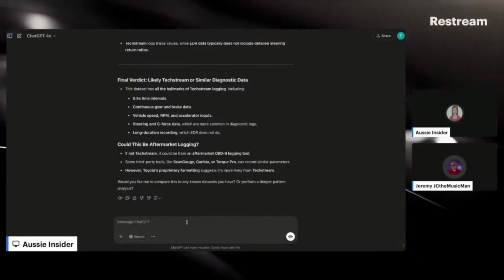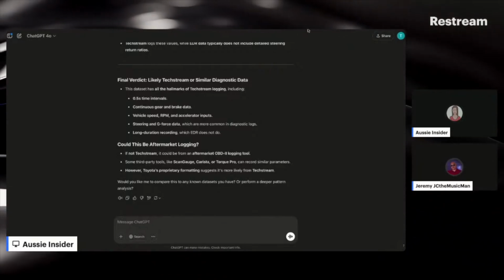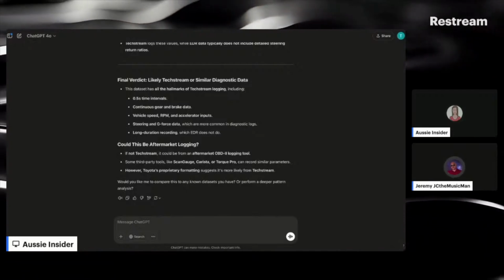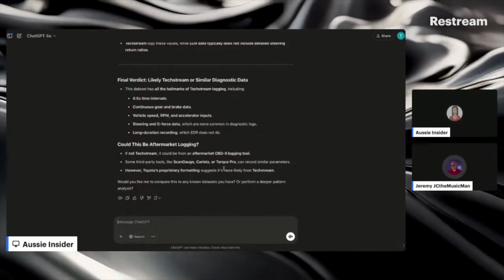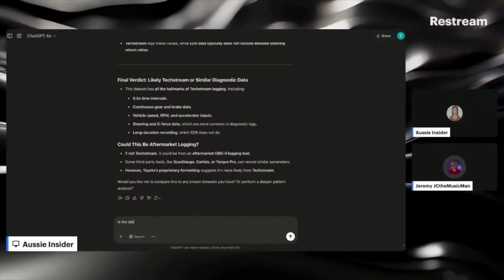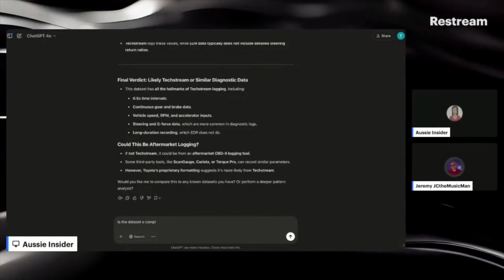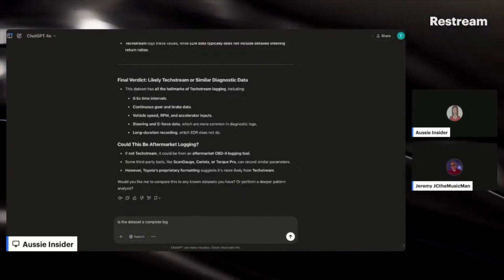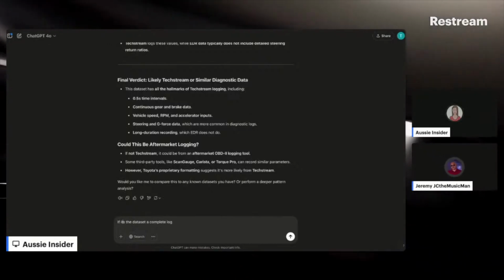How about this? Ask it if it can tell the difference, or if it can tell if, let's say, somebody just grabbed other data to try to make it look like Techstream data. Can it tell the difference? You know what I mean? Like, would a car normally do these things?